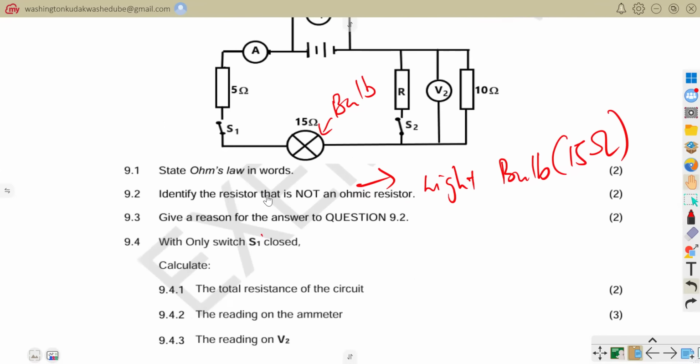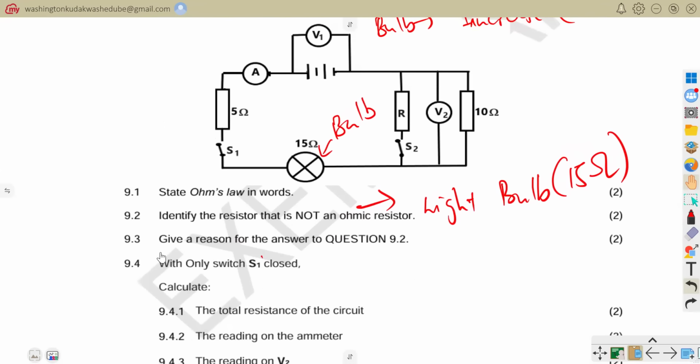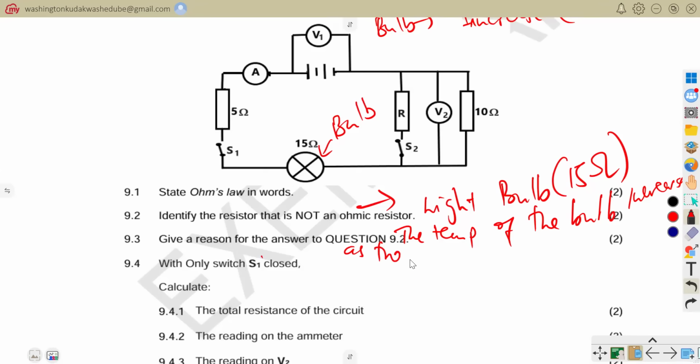Now we are asked to give a reason for the answer to question 9.2, because we said the temperature of the bulb increases as the current through the bulb increases. So this is against Ohm's law.